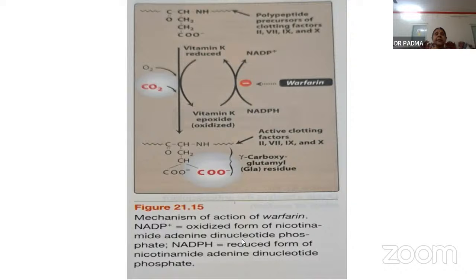Warfarin inhibits these factors. So it inhibits not only 2, 7, 9, 10, it also inhibits the gamma carboxyglutamyl residue and also vitamin K. So three steps are involved, and you have to remember three steps whenever there is an overdose of warfarin. So you have to write the prescription and document it properly because of these problems.